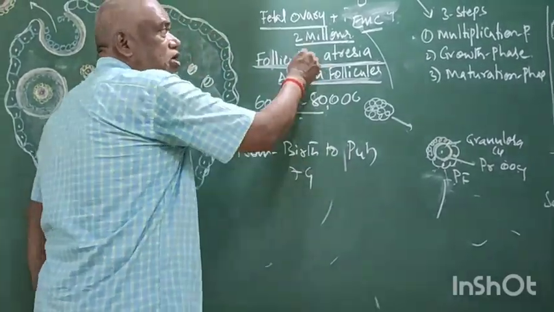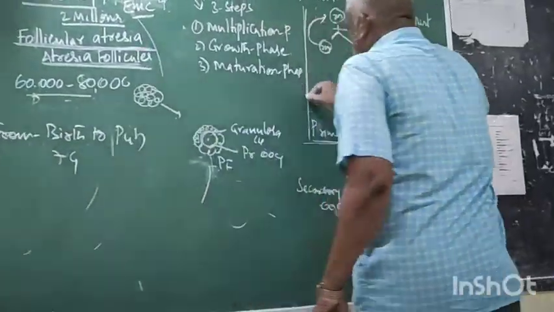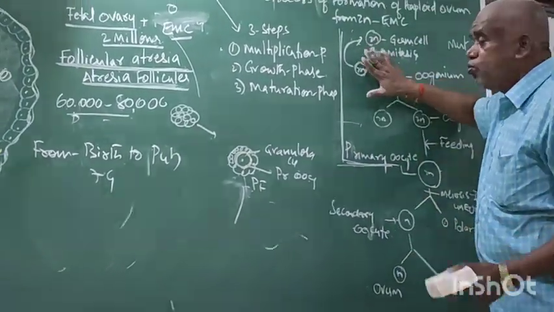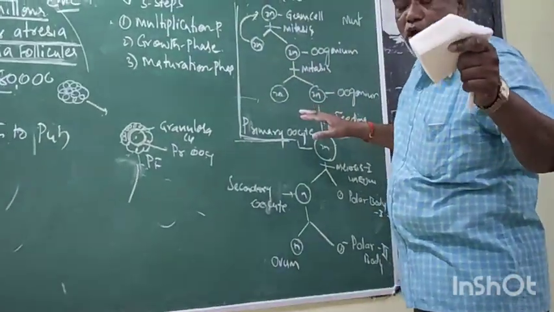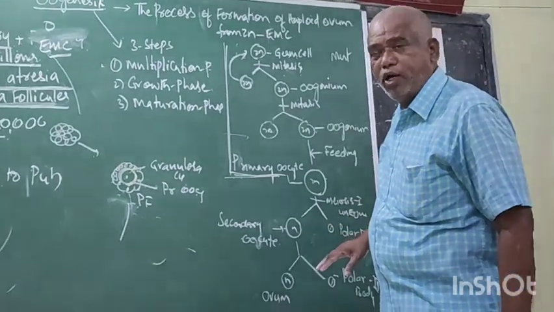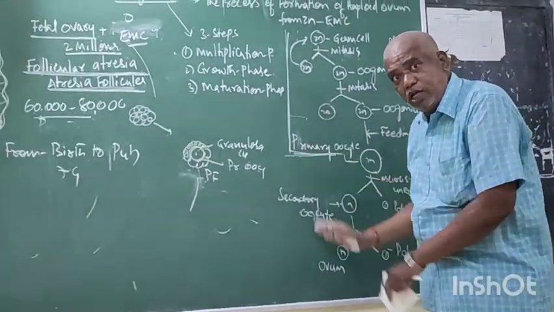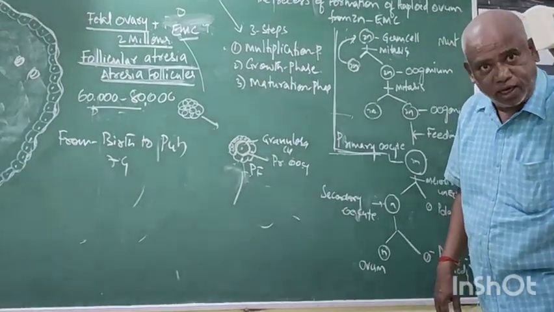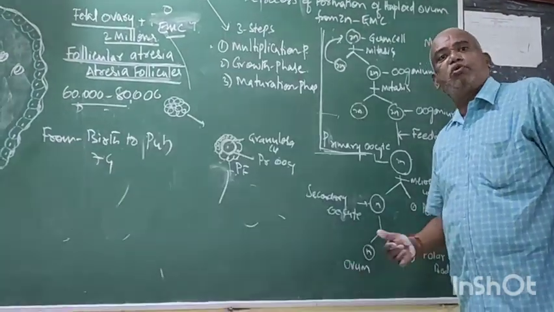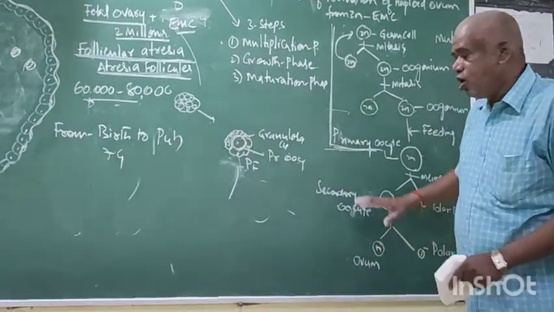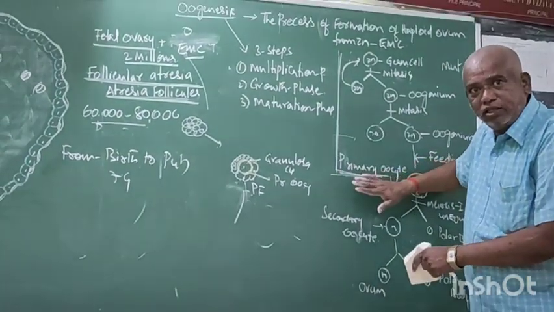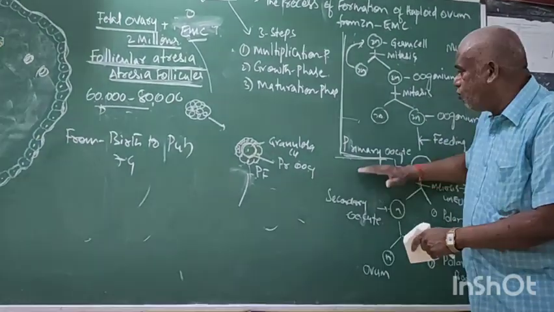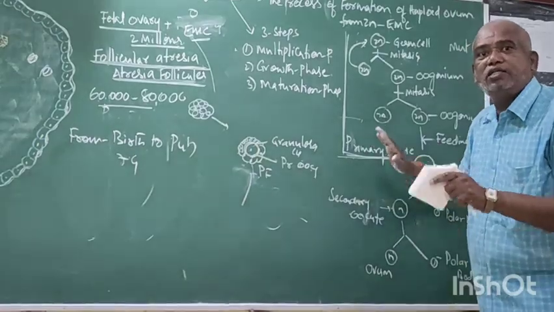That means the initial oogenesis which occurs in the ovary may continue after puberty, but the primary follicles remain as they are from birth to puberty.